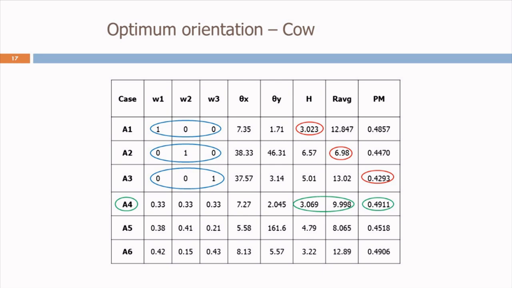Needless to say, in those cases the other criteria go haywire. But if you see the next one, where you have put equal weightage to all three criteria, you would get this. So this demonstrates that by tuning those weightages, you can get whatever is the desired output during the process of manufacturing.